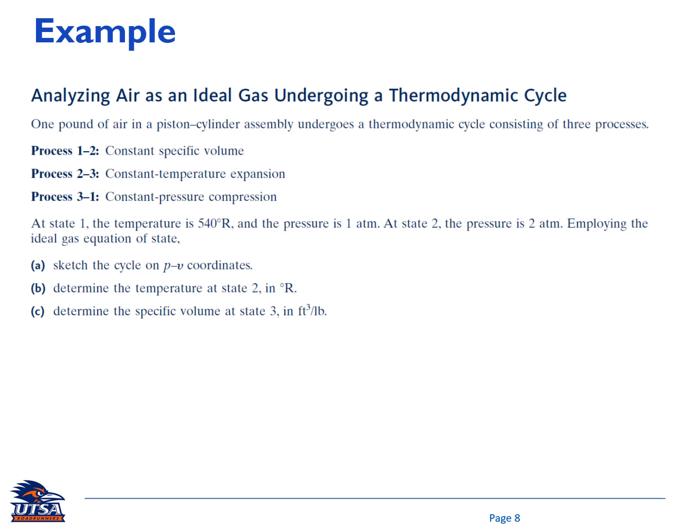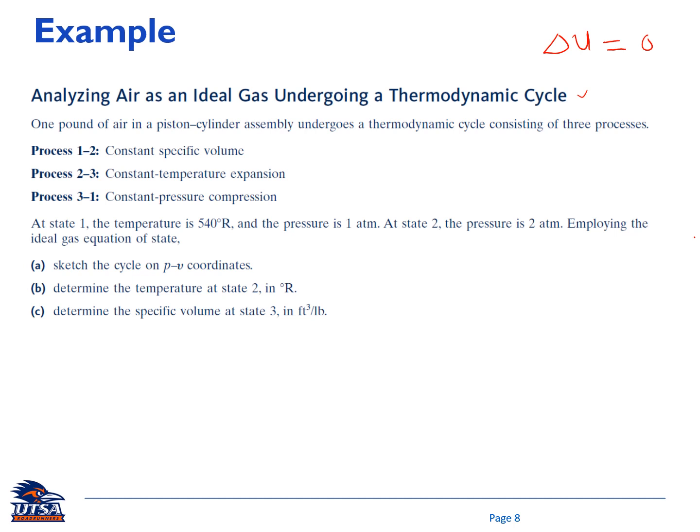The question here is, we need to analyze air as an ideal gas undergoing a thermodynamic cycle. So we use this cycle now in this example. If you remember, a thermodynamic cycle, or any cycle, is when the process goes back again to the starting point, so delta U for a cycle equals 0.